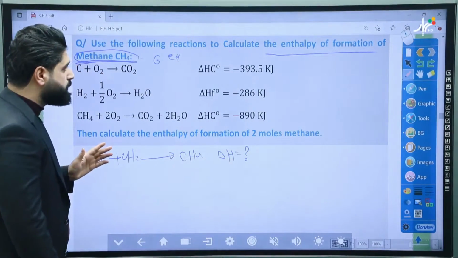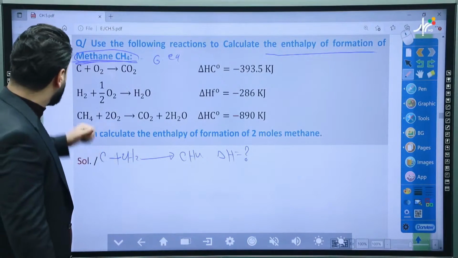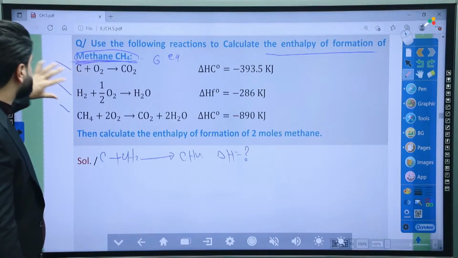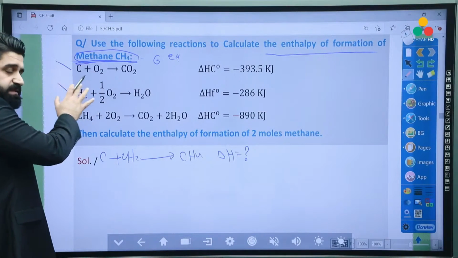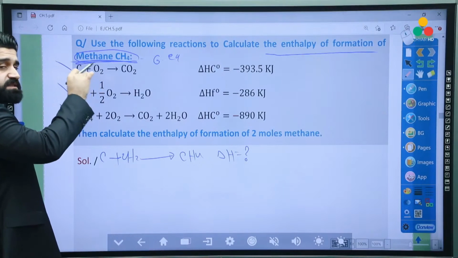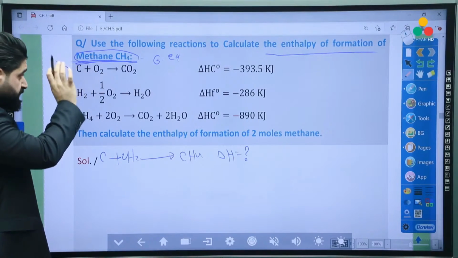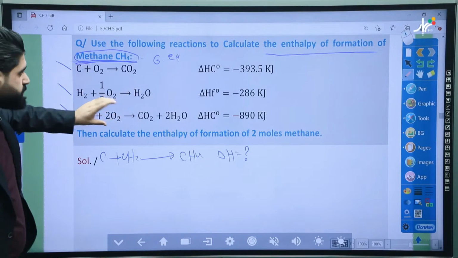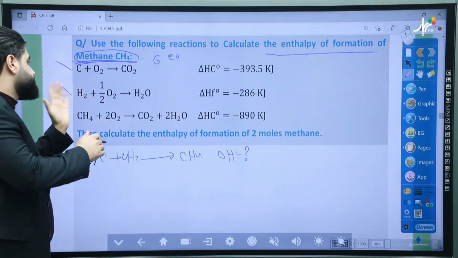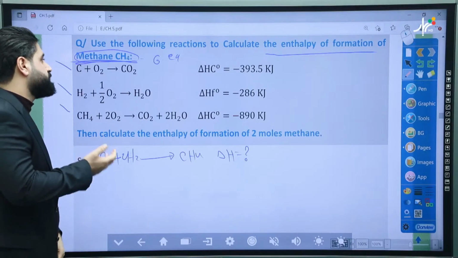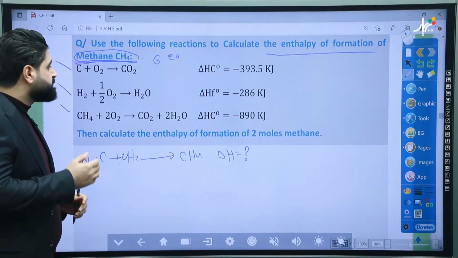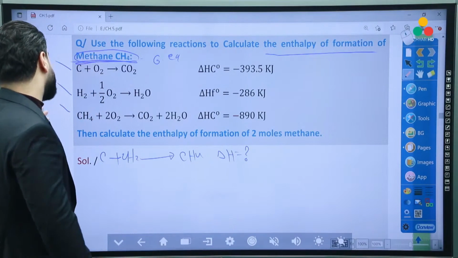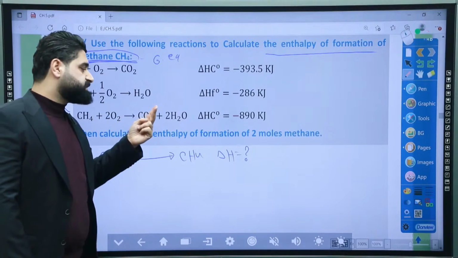Now, what is given? Here we have some reactions. If you see some reactions, it means this is Hess's law. You have to arrange those reactions. Some of them maybe we have to reverse or multiply by some number, and in some cases we will need two factors for one reaction.